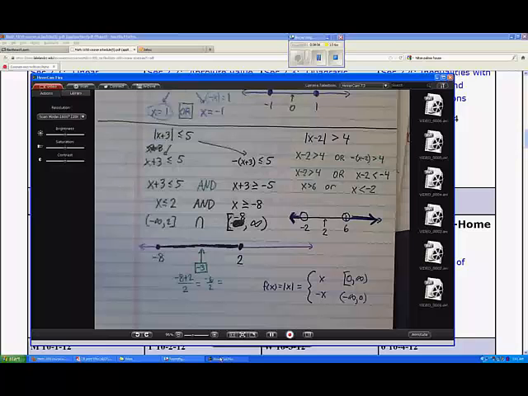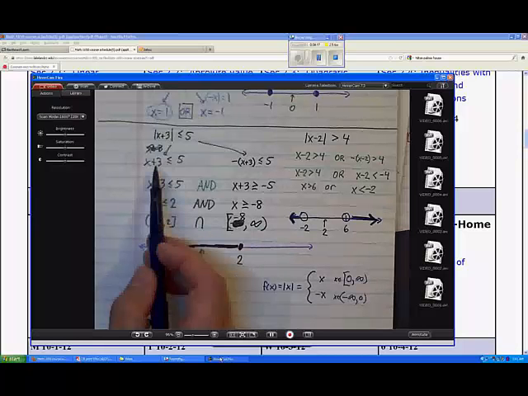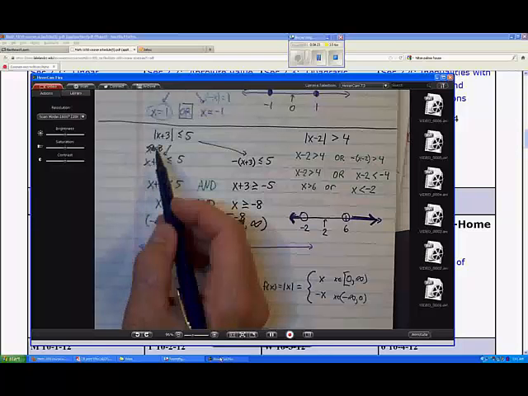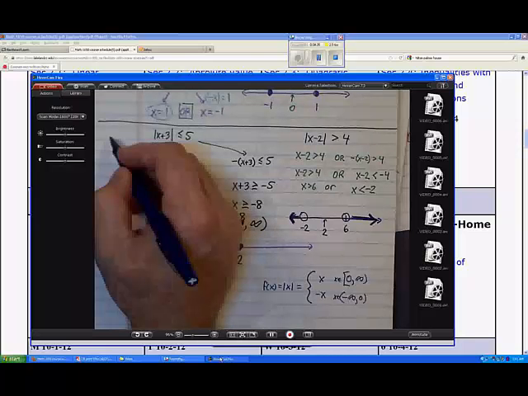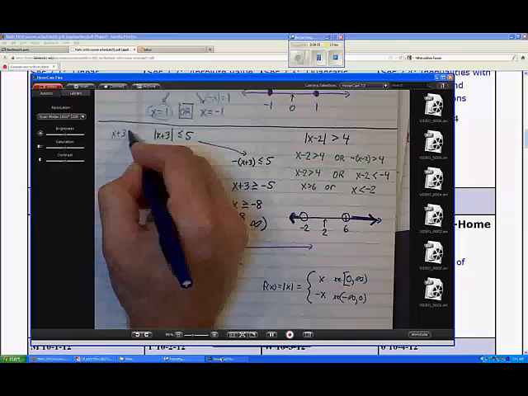I could even write x is an element of these sets if I want to be really fancy. I'm not a big fancy person, but... Okay. Back to here. There were two cases. Now how do you know which case you're in? Well, we're in this case, right over here, anytime that x plus 3 is greater than or equal to 0.